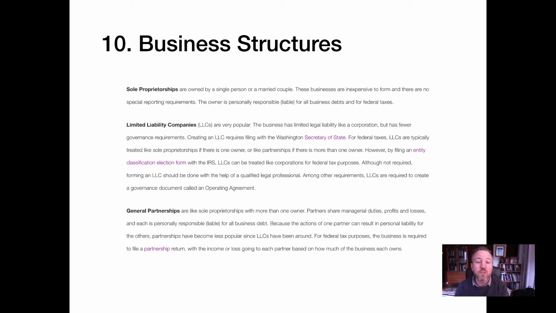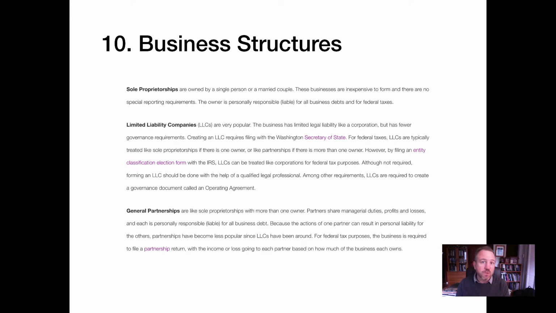The owner is personally responsible, which in this case means liable, for all business debts and for federal taxes. What happens with a sole proprietorship is that you file your personal tax return and you actually record your profit and loss from your business as part of your personal tax return.